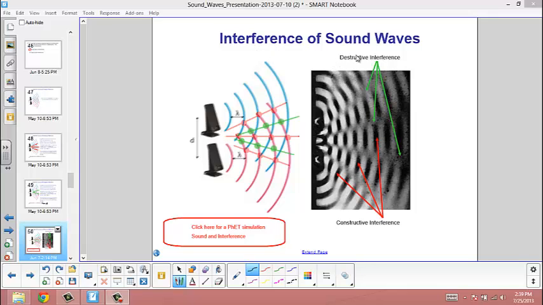Interference not only occurs with sound waves, it's a property of waves that can be applied to any type of waves. This is a picture of water waves in a ripple tank on the right-hand side. Instead of having two speakers, we have two, let's just say, bugs located at one location, top and bottom, similar to the speakers.